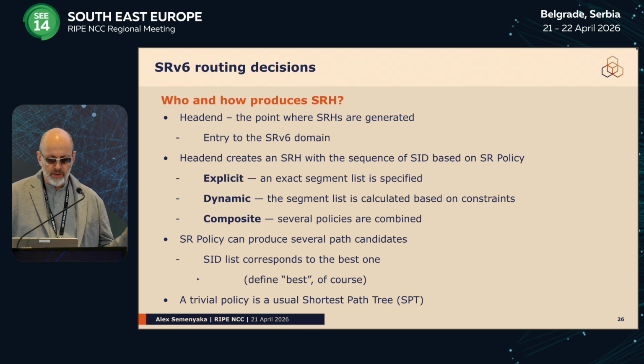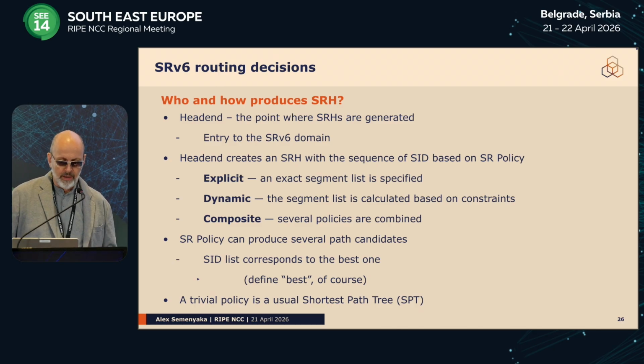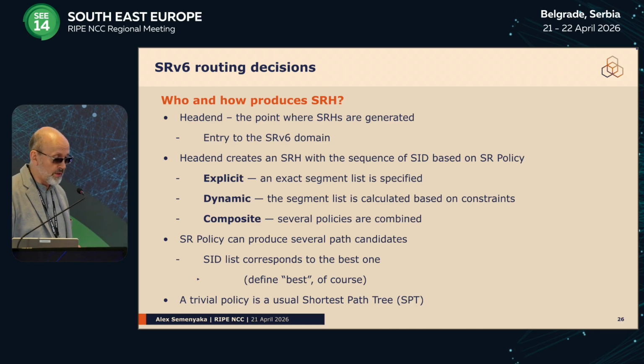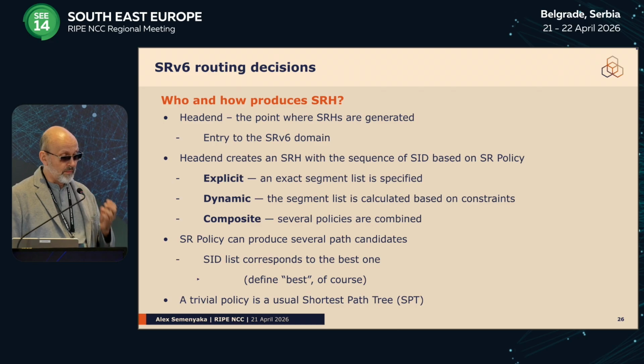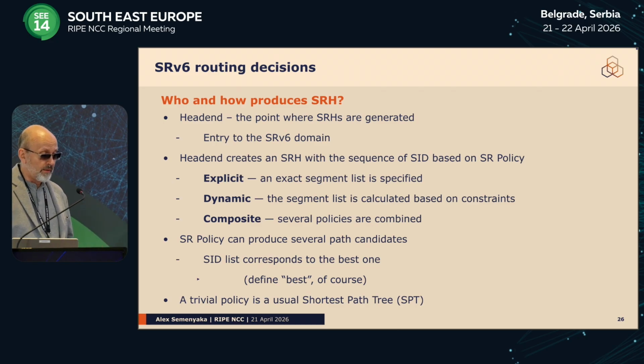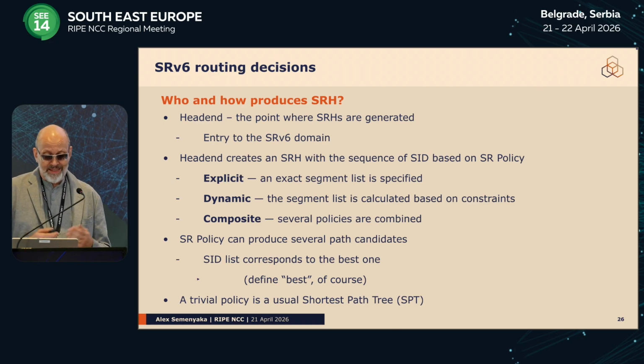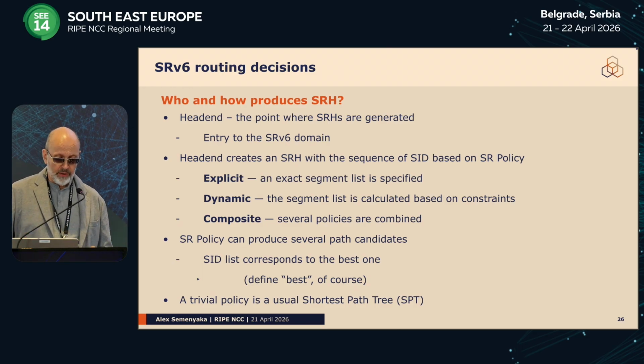Describe it by so-called segment routing policy. And with segment routing policy, it's worth remembering that it can produce several path candidates. In the simplest story, we have just one, or we have the best one, and we are using this.